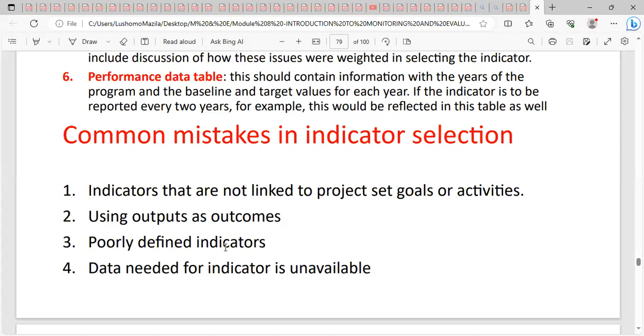I'll give you a homework on this one. Before the next class, do a bit of research on it, to help prepare you for the future, because when you attend an interview for monitoring and evaluation, the chances are very high that they will ask you about the indicator reference sheet and SMART indicators.